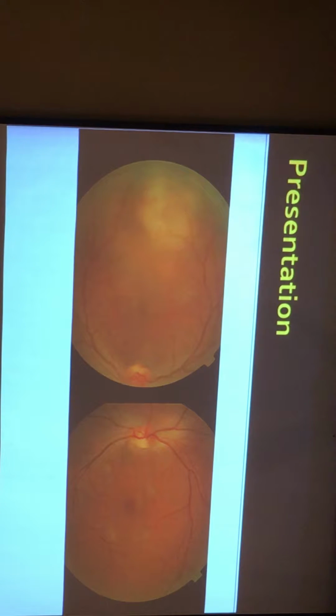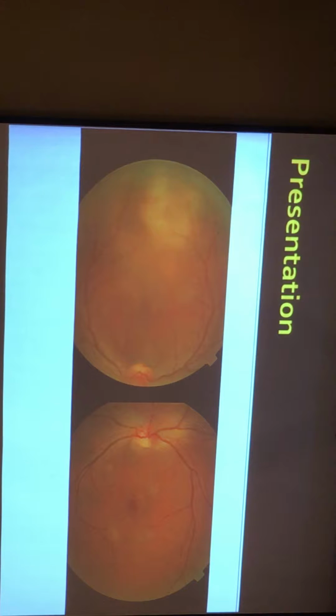And there are whitish exudates on both eyes, on the right eye it was on the temporal side, and on the left eye it is encircling the macula. But we can still see the artery and vein clearly.